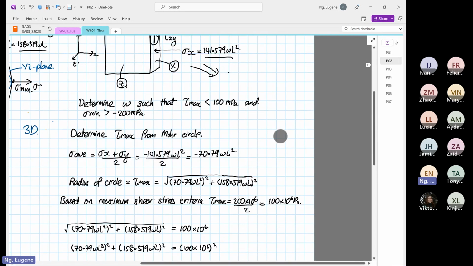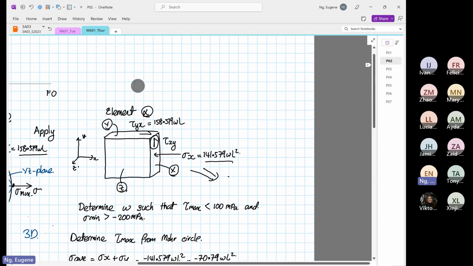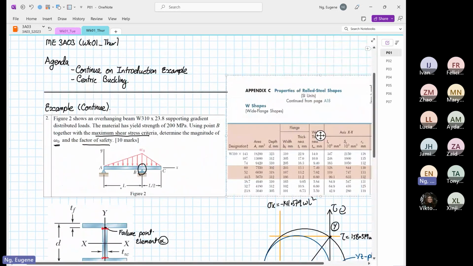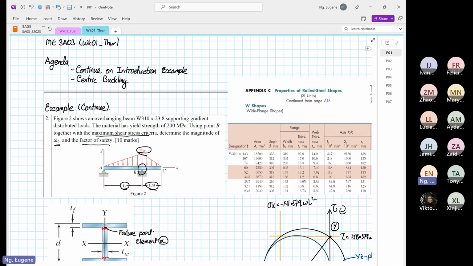If you go back to the figure, depending on what this length is, it will affect our omega. But if you look at the question, there is no length. The length is not specified. What we want to find is omega.